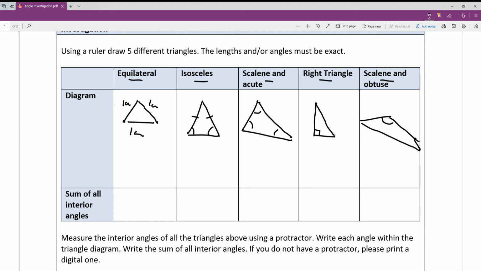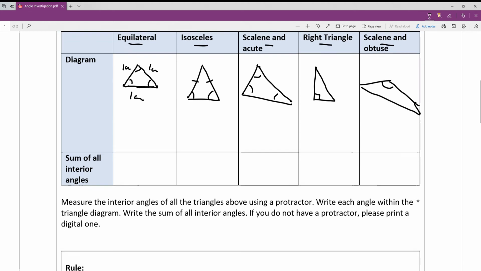So the next part of this table is to find the angles of each vertex of the triangle. You would realize that in an equilateral triangle, all the angles are the same. So there's 60 degrees each, and then if you add them all up, you get 180.